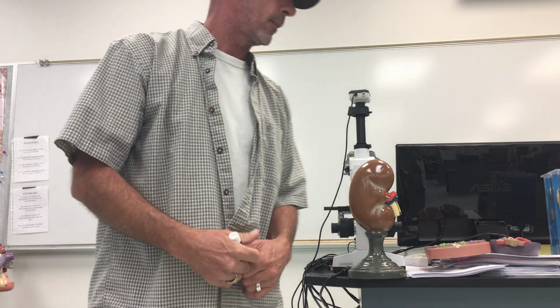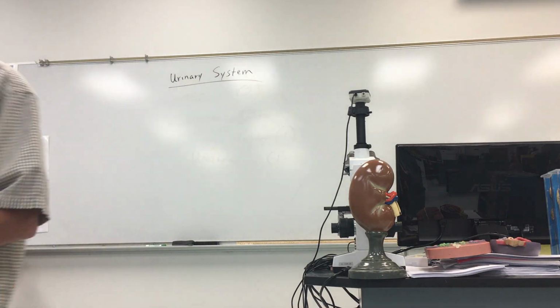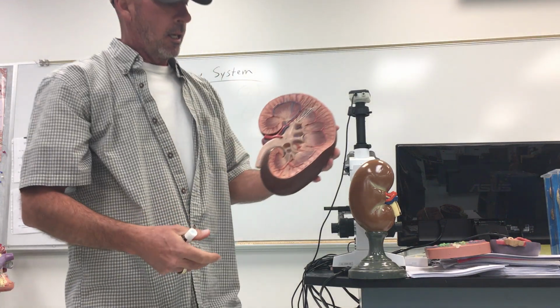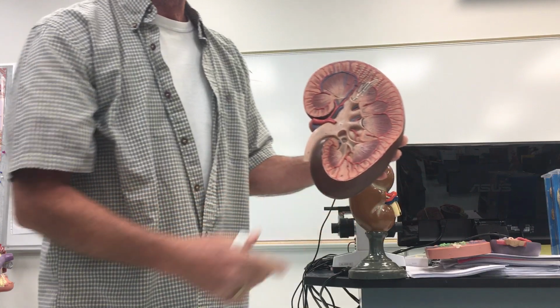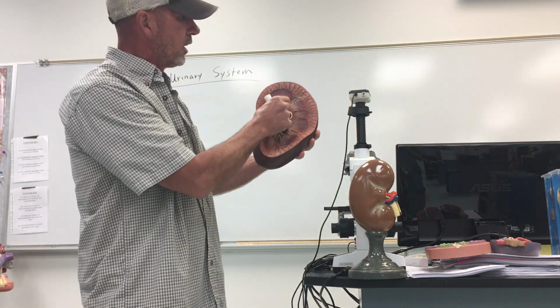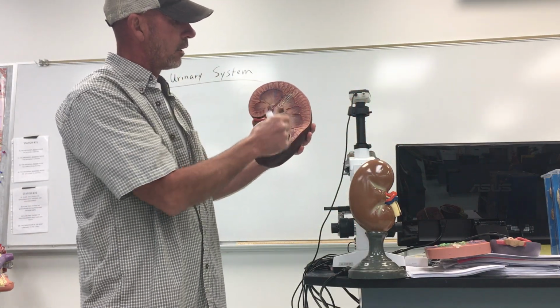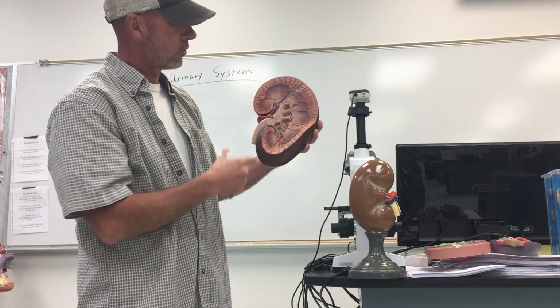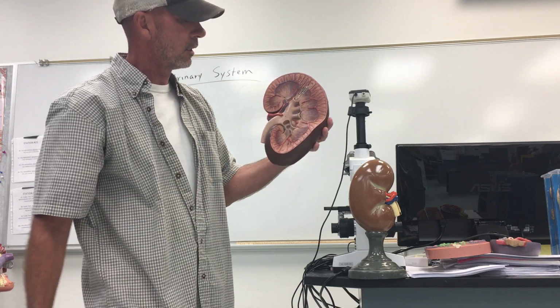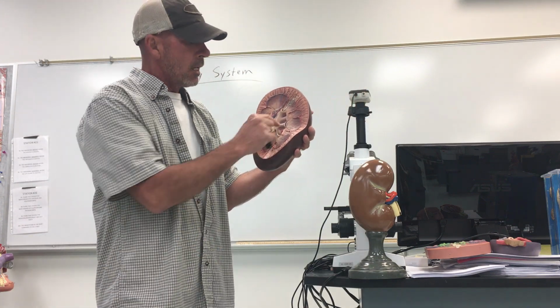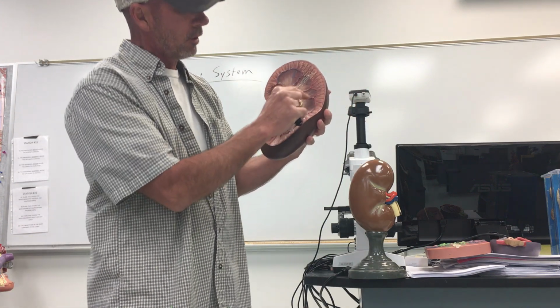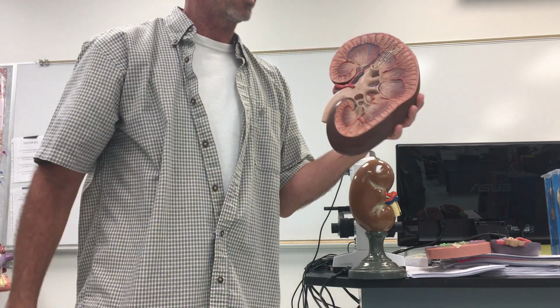Now, when we start looking at the cross-section of the kidney, it looks something like this in its cross-section. You see these distinct areas here that the collecting ducts of the nephrons run through, which is illustrated by this white duct here. These are called the renal pyramids. In between, there's a fleshy tissue here they call the renal columns.